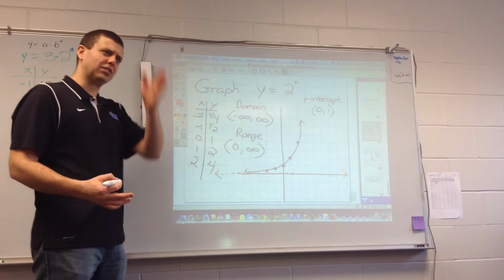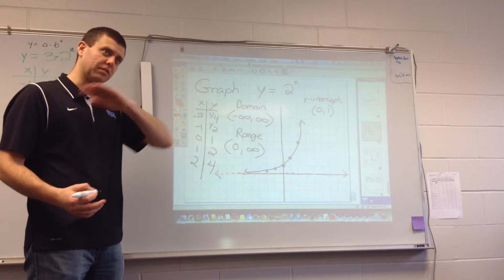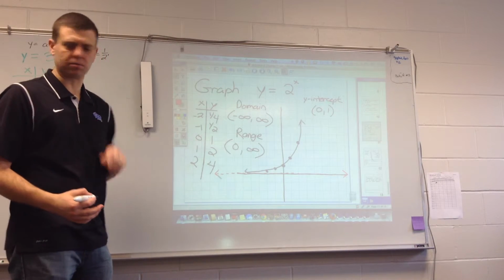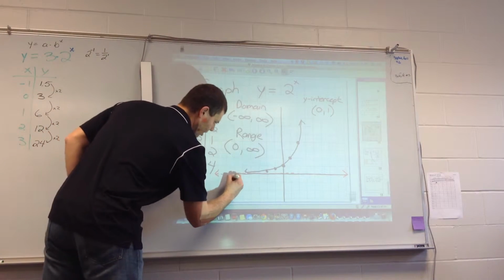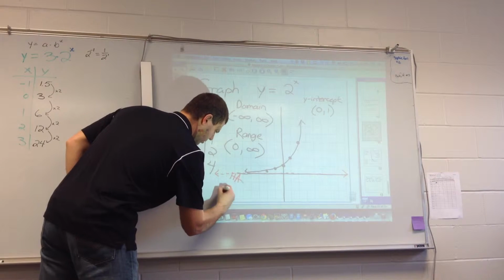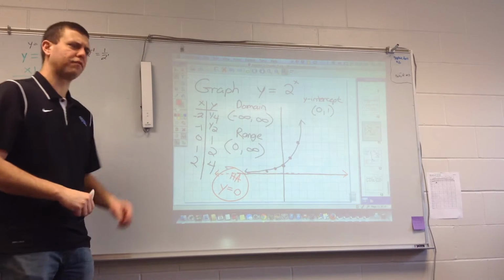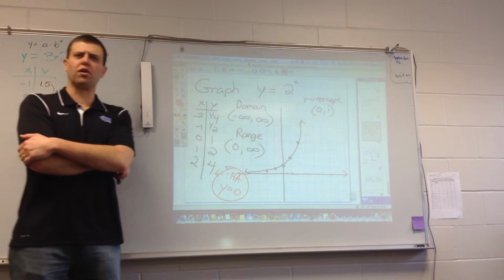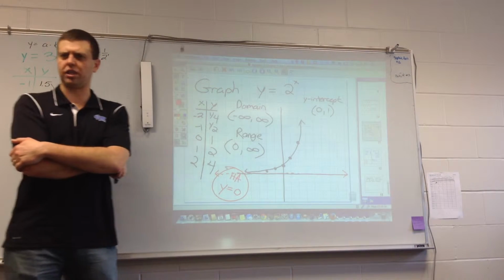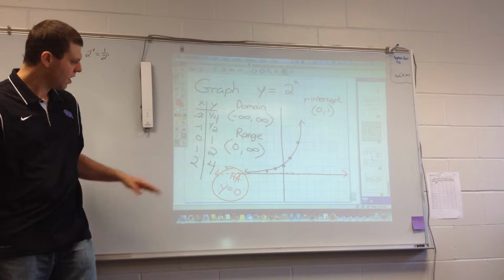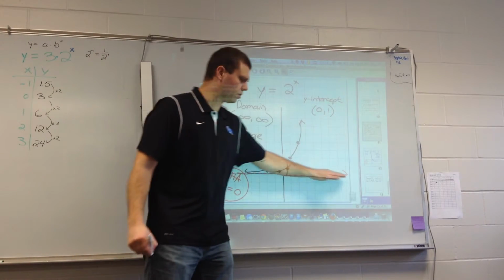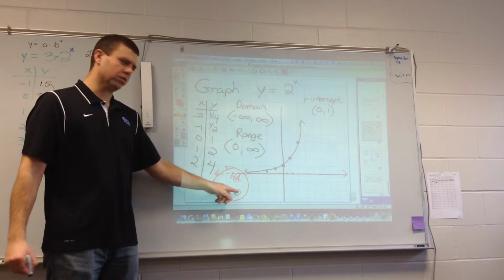We put the imaginary line, whether it's a vertical asymptote or, in this case, a horizontal asymptote. So my horizontal asymptote is the line y equals 0. That is something that you will have to include on your graphs each time you graph one of these exponential functions. You have a horizontal asymptote at y equals 0.